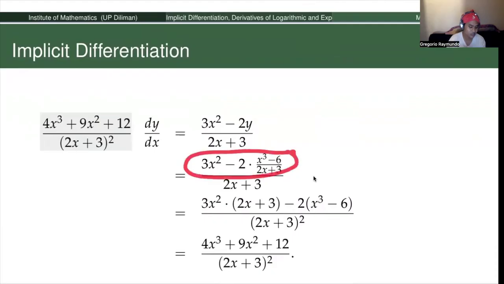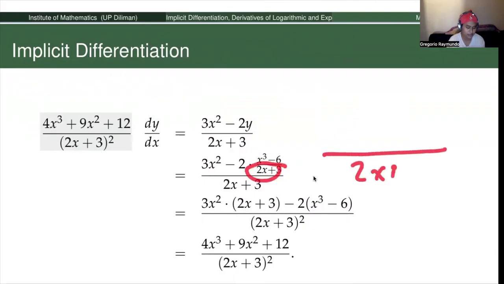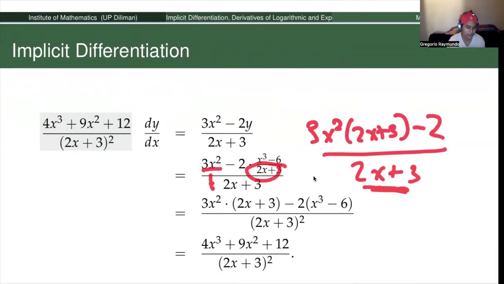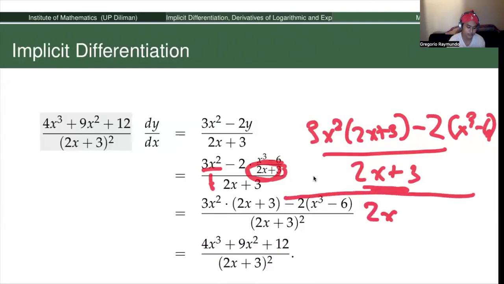Getting the LCD of this one, we get 3x squared. So ang LCD nito, over 2x plus 3. So we get LCD divided by 1. We get 1 times 3x squared times 2x plus 3 minus 2 times this LCD divided by LCD, 1 times x cubed minus 6, all over 2x plus 3.